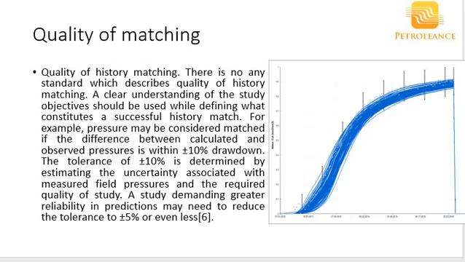The tolerance of 10% is determined by estimating the uncertainty associated with measured field pressures and the required quality of the study. A study demanding greater reliability in predictions, as we said before, may need to reduce the tolerance to 5% or even less.